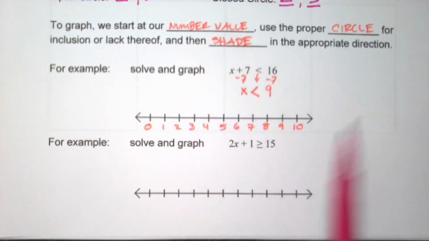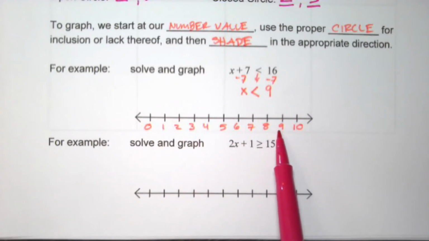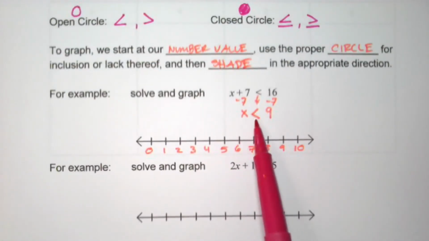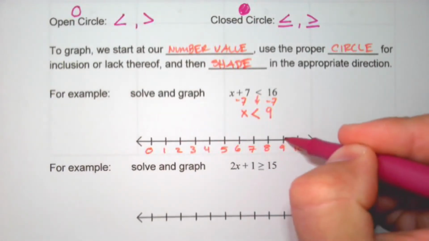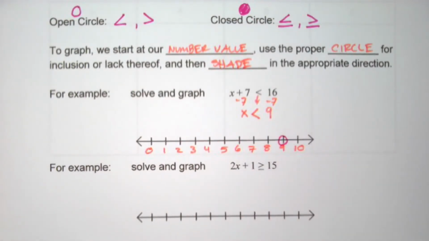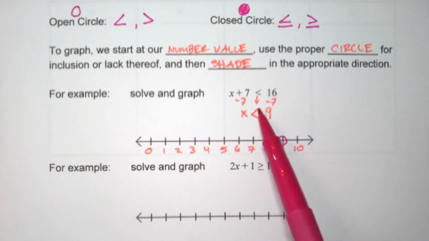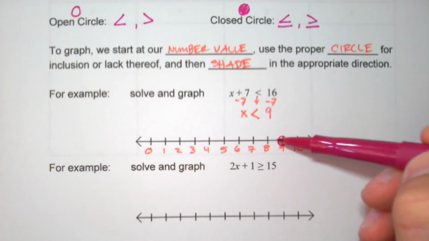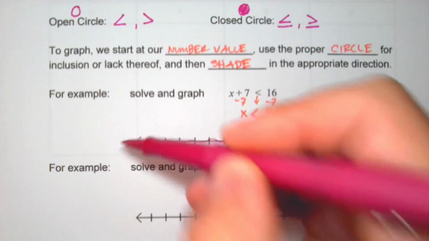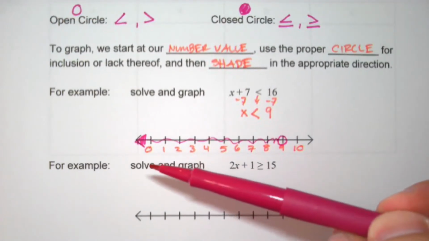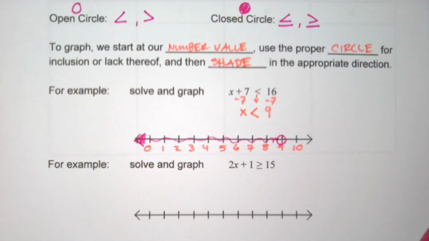Find my number value, 9. What type of circle? Well, it was strictly less than, so it's an open circle. And then what direction do I shade? Well, I want all the numbers that are less than 9, so I'm going to shade to the left. So less than is always to the left, greater than is always to the right.